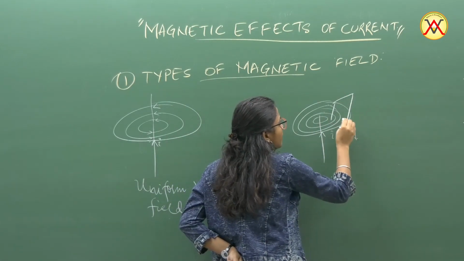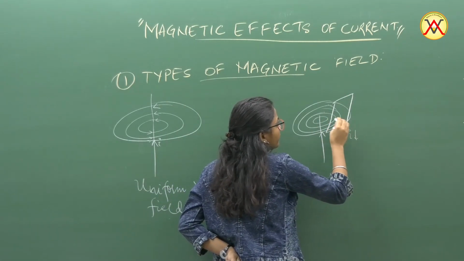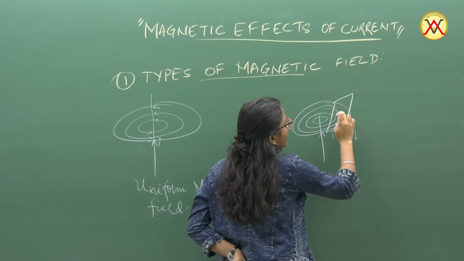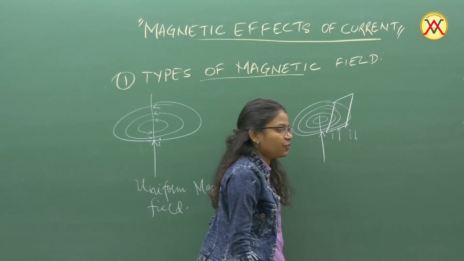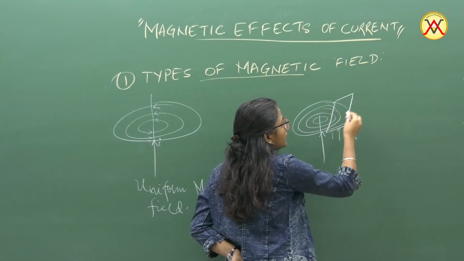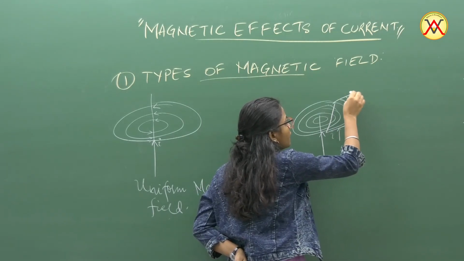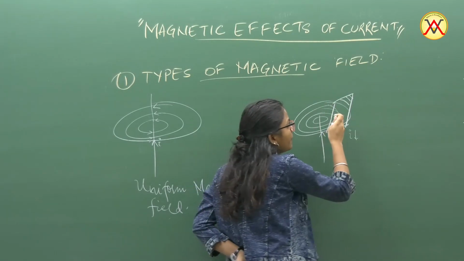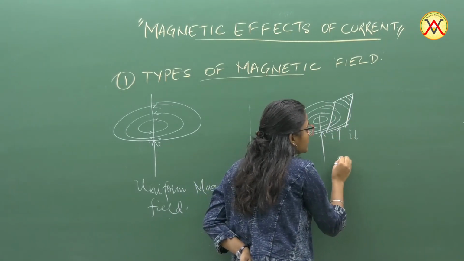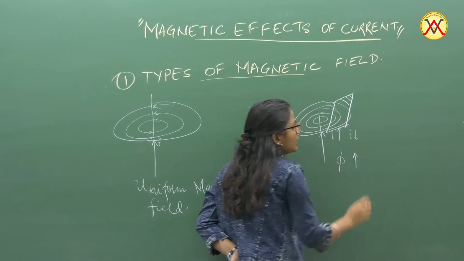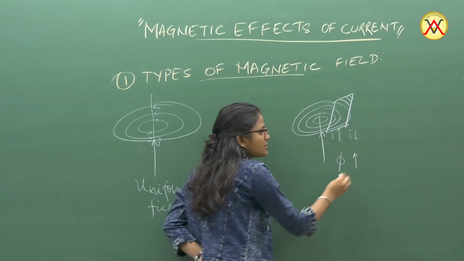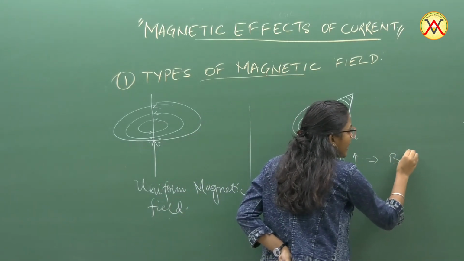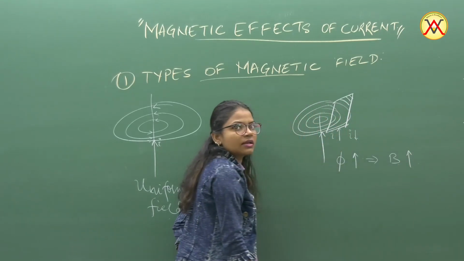Let's suppose this is our area. In this area, we have 1, 2, 3 lines cutting through it. When current keeps on increasing, the number of lines through this area will keep on increasing. That means flux is increasing. When flux is increasing, our magnetic field is also increasing.